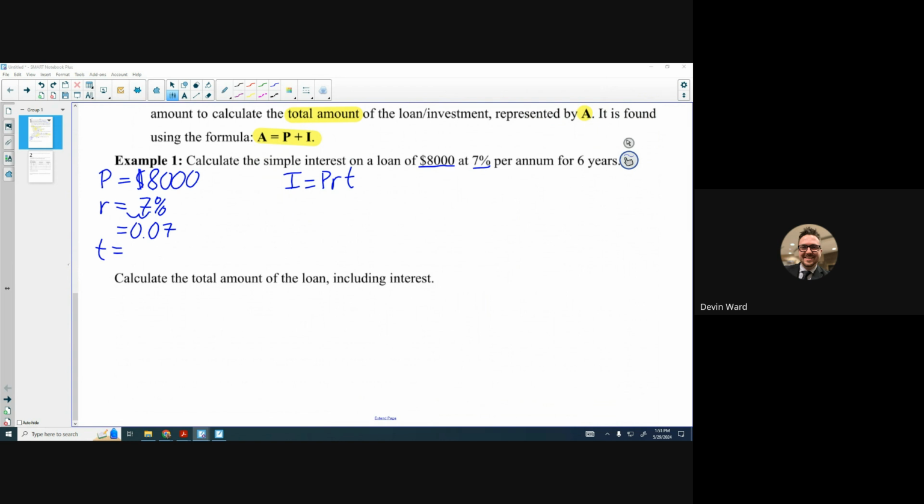And then my time is 6 years. It's very straightforward. I just sub them all in. The principal is 8,000. I multiply that by 0.07. Multiply that by 6. So how much interest did the loan cost?